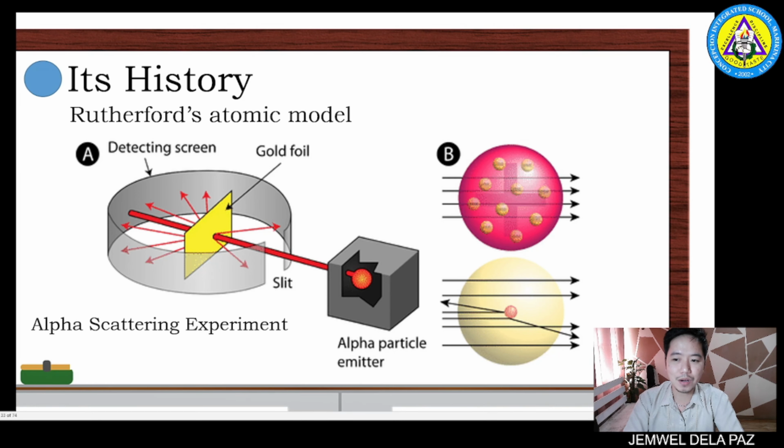He found out that most of the alpha particles from the emitter pass straight through the gold foil. And Rutherford thought that there must be space among atoms.